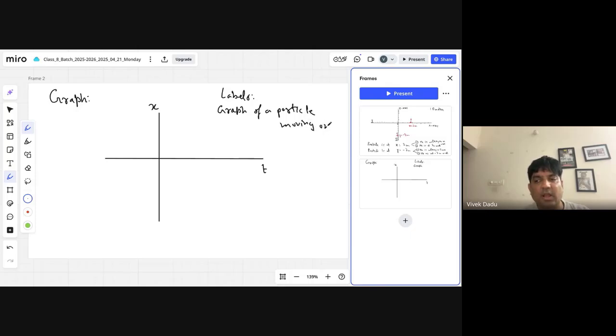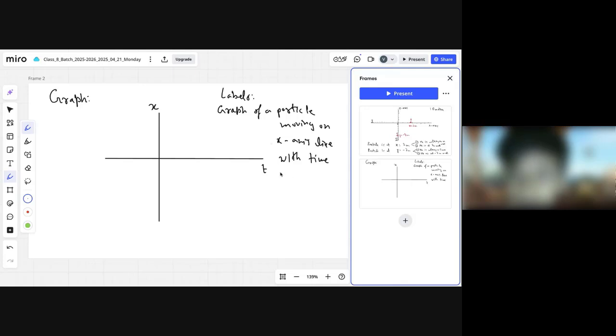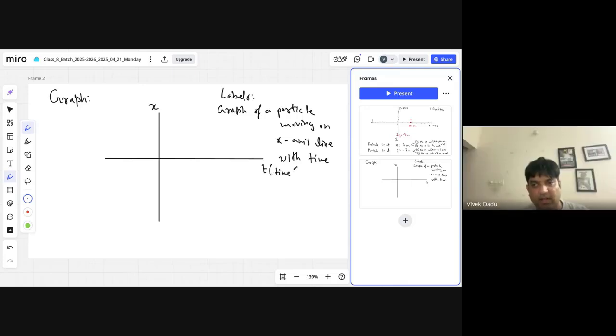Moving on x-axis line, which is represented on vertical, with time. So t is time and x we call it position.